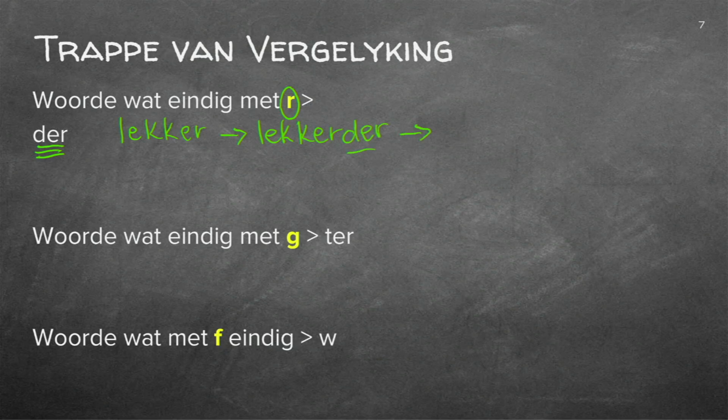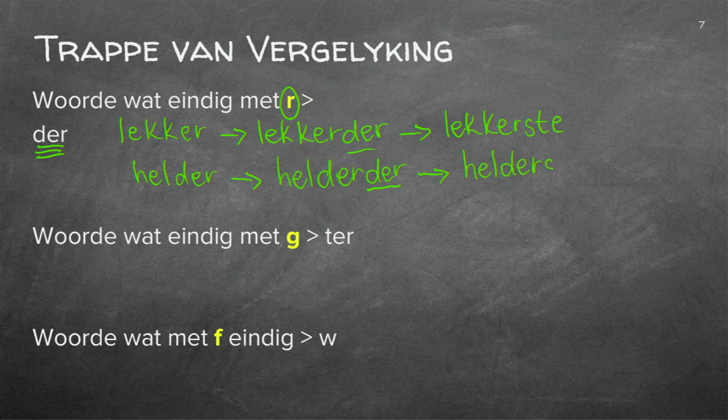And then in the third step, you are going to go back to your original word and you simply add st. Another example is helder, bright. So helder in the second step will become helderder. And in the third step, we are going to say helderste. Reg. Woorde wat eindig met 'n G, kry ter.